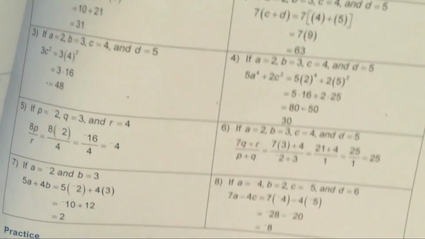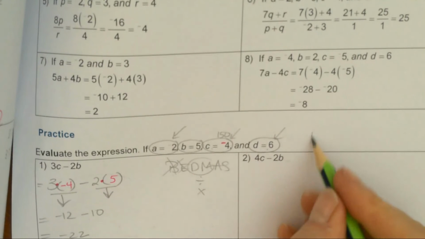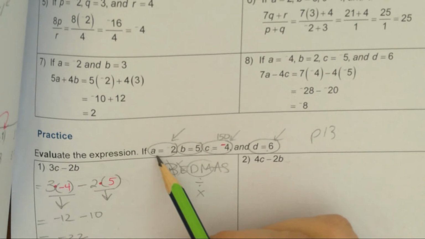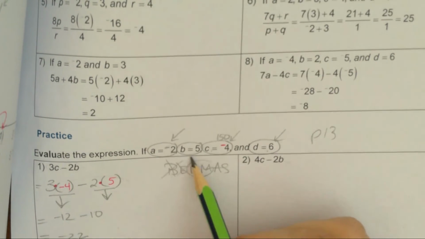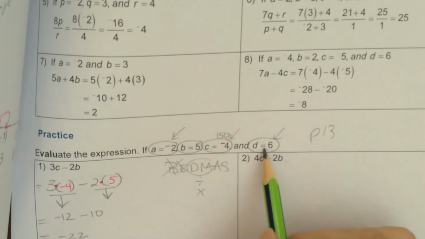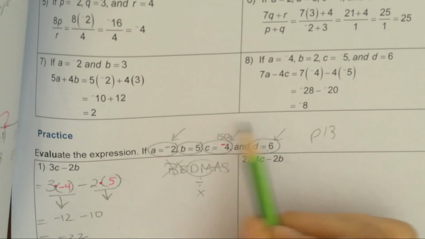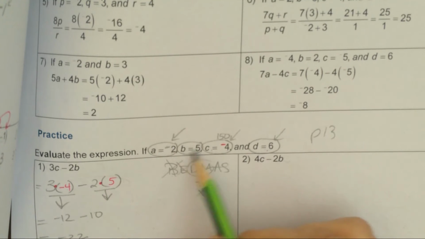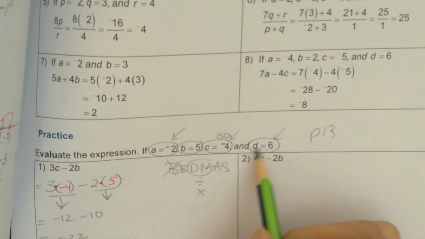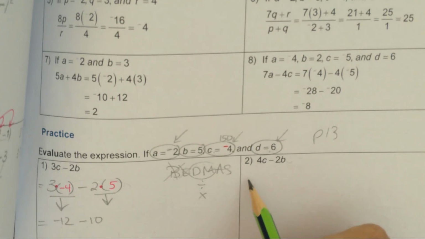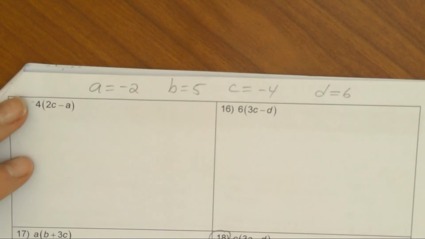The very first page, I said, page 13, I said A is going to be -2, B is 5, C is -4, and D is 6. So for all the questions, B is always going to be 5, D is always 6. I just made it up, okay? So we're just going to use the same numbers for all the questions, okay?